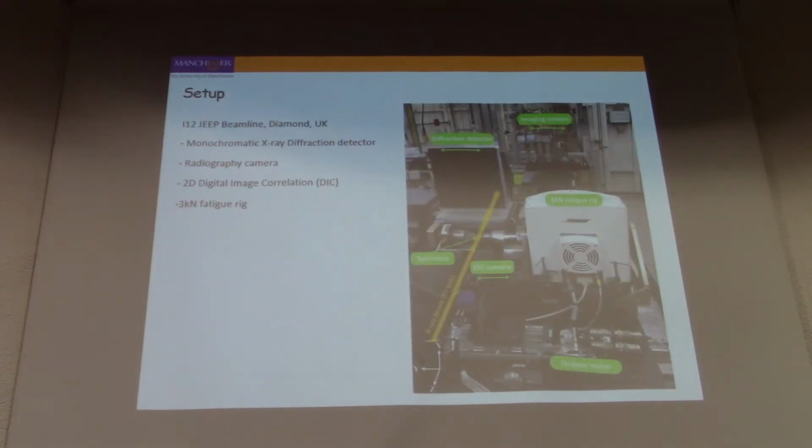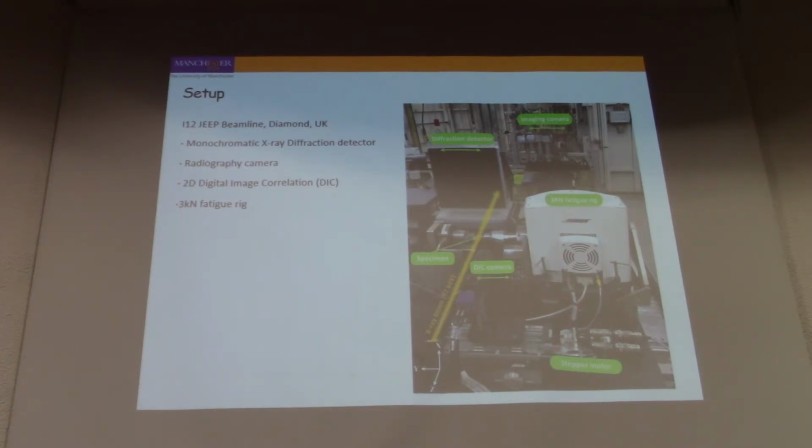This is the experiment I did in a synchrotron facility in the UK. So here is the fatigue rig. It's mounted on the sample table, and this is the sample. And the DIC camera is mounted on the step motor that can be moved in to measure the crack length and do the image correlation, and then can be moved out for X-ray measurements.